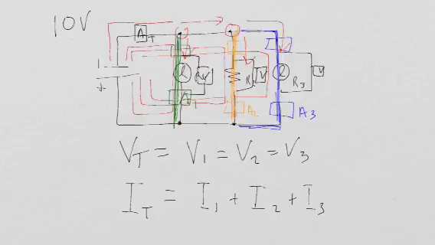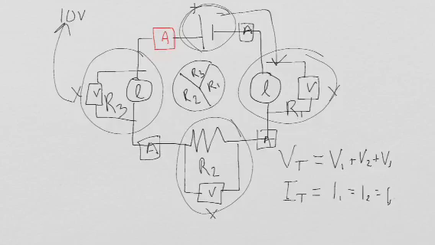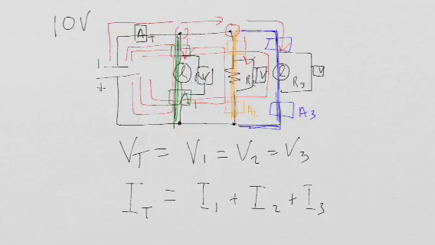Now, if I look at this versus what I had here, do you see a relationship? If we have a series circuit versus a parallel circuit, let's put it all on the same page here. In a series circuit, you're only going to have one loop.